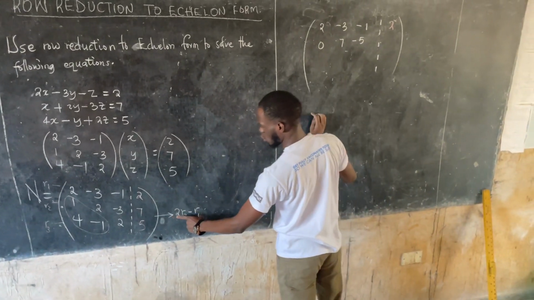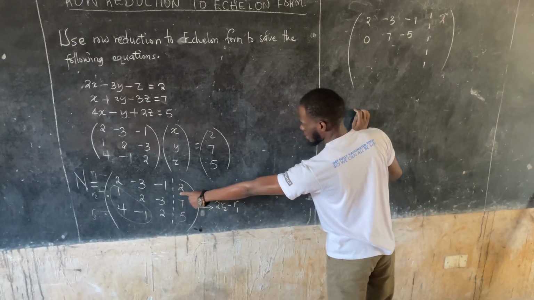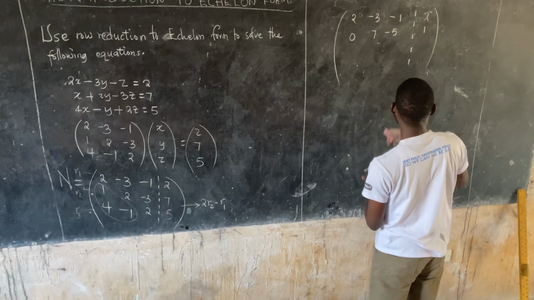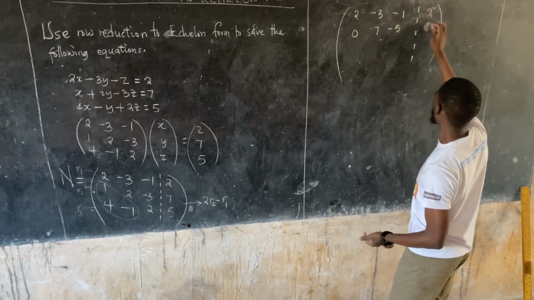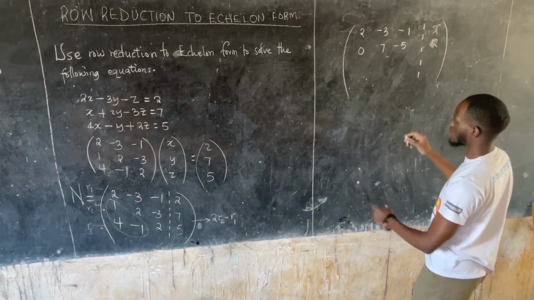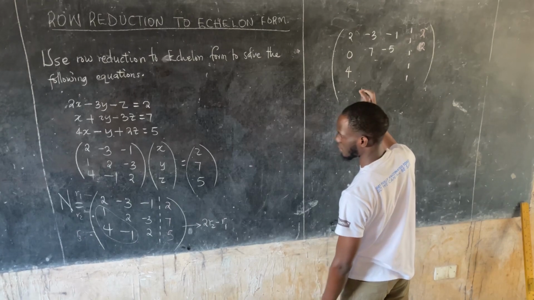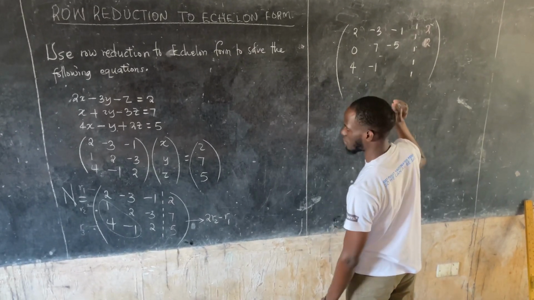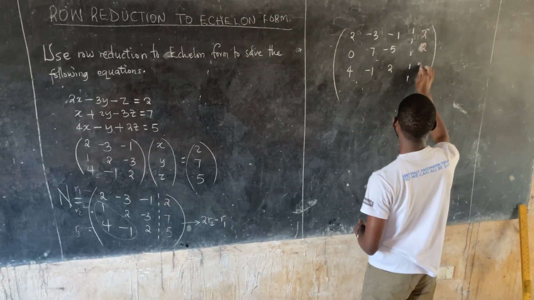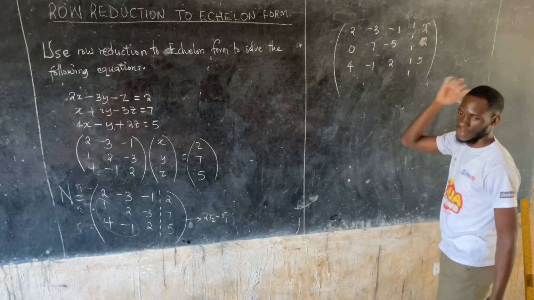Then we have 2 times 7 minus that, what is 12? This one is going to be separated back, let me use another color. Then row 3 hasn't been dealt with, so we leave it as it is: 4, -1, 2, and finally 5. Now we have successfully made this a 0.